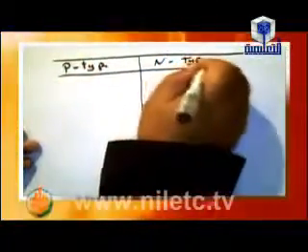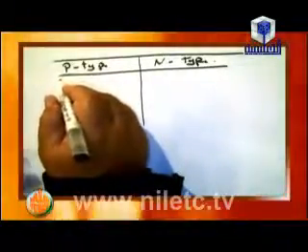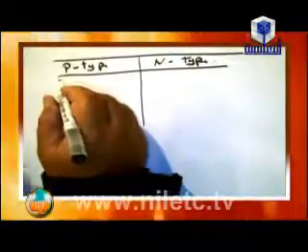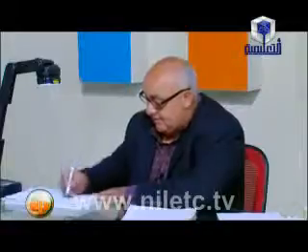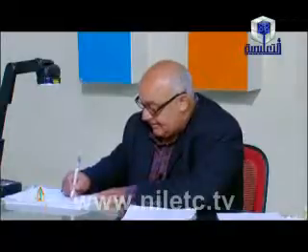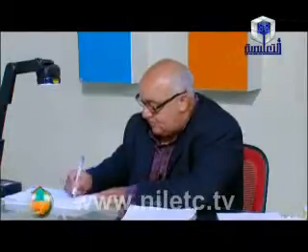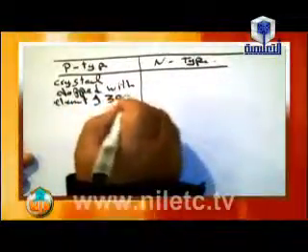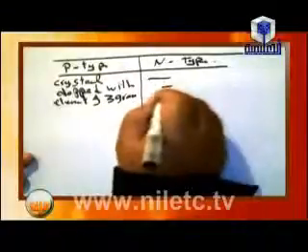P-type is a crystal of silicon or germanium doped with element of third group, but N-type is doped with element of fifth group.